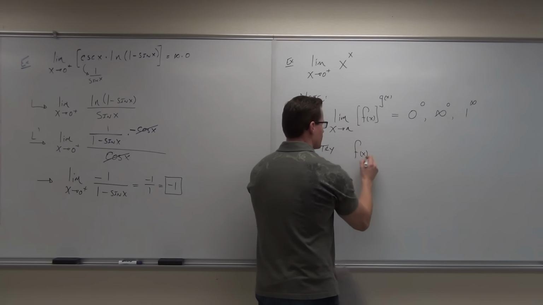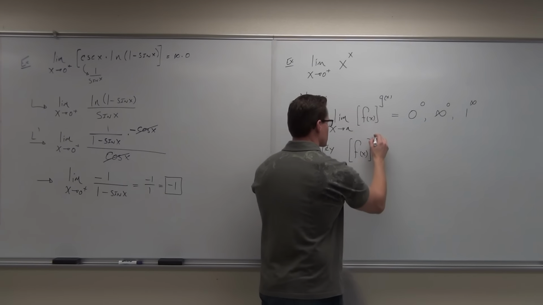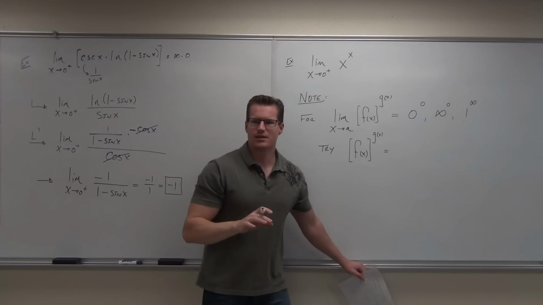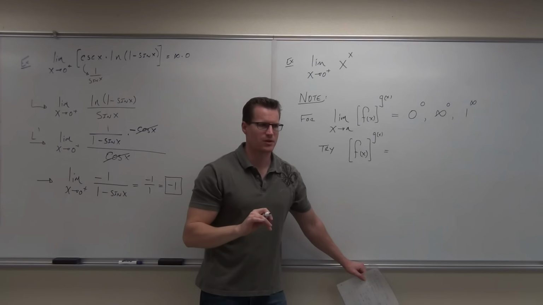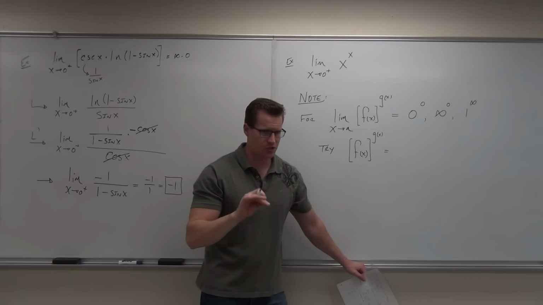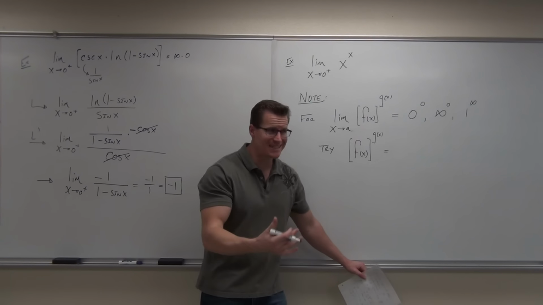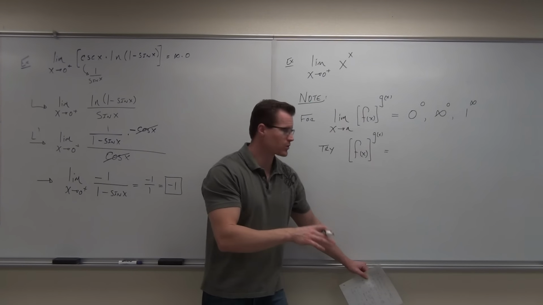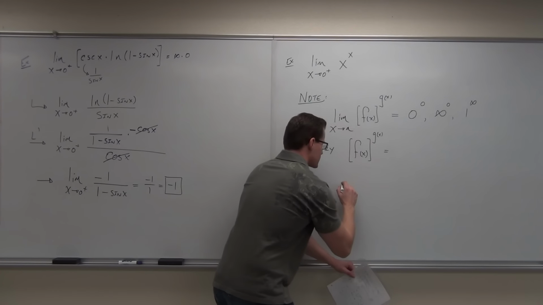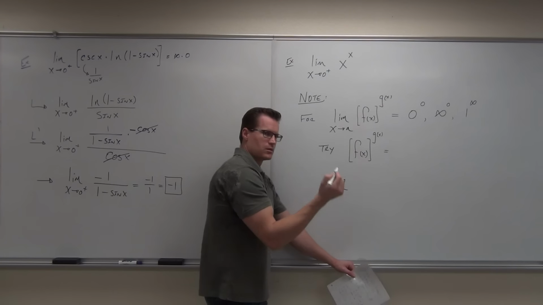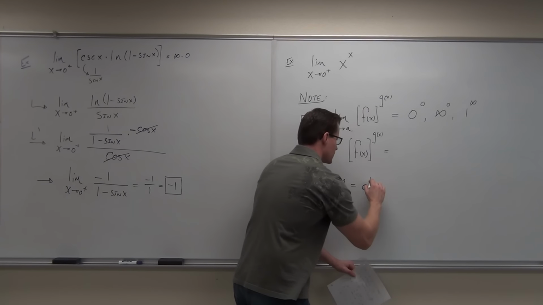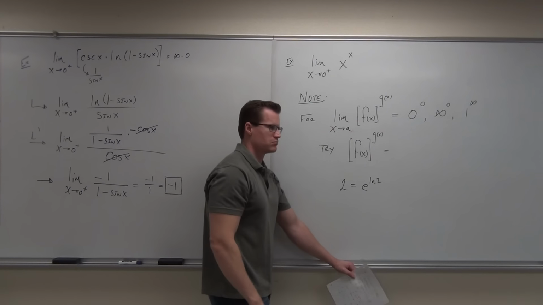This is interesting. Instead of thinking of this as f of x to the g of x, we can actually do a little trick here. It's the same trick, I hope you remember this, that we did with logarithmic differentiation. The same idea, only we can't just put ln. Here's what we're going to do. This was the same thing as this, wasn't it?